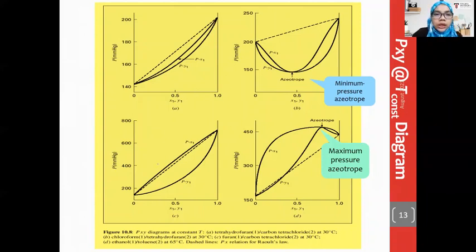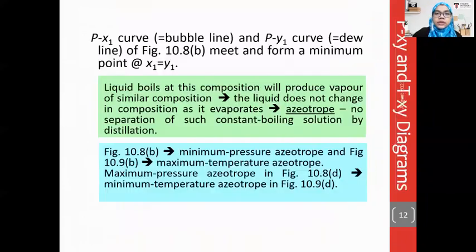From this diagram, we can observe the minimum pressure azeotrope in this curve, and this shows the maximum pressure azeotrope. The liquid boils at a composition with a vapor of similar composition. The liquid does not change in composition as it evaporates.